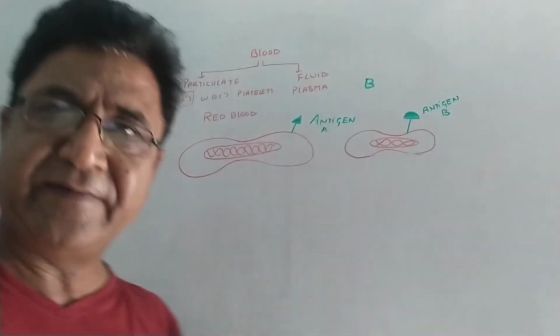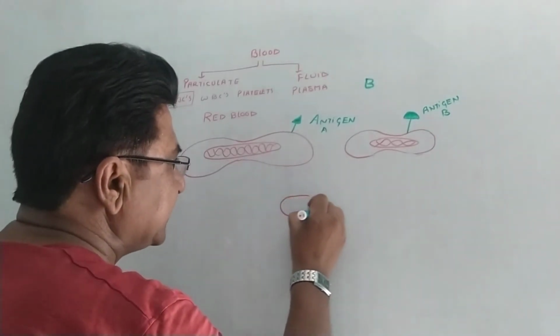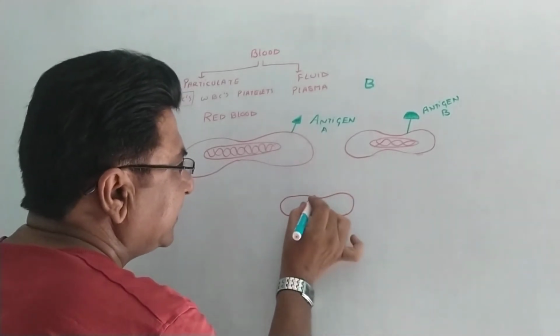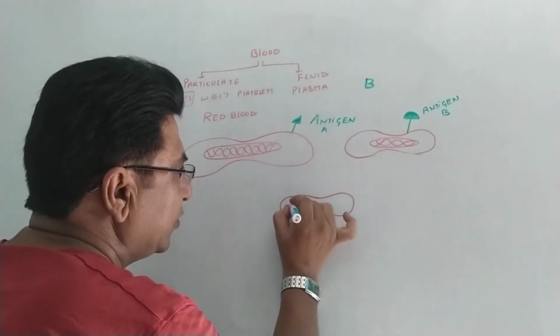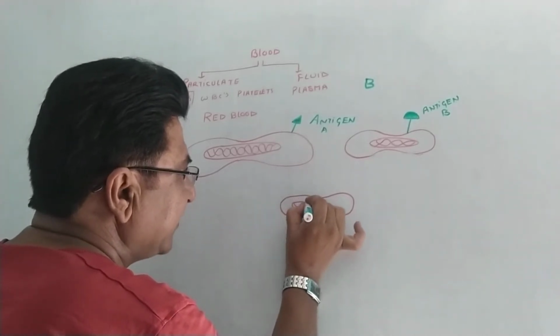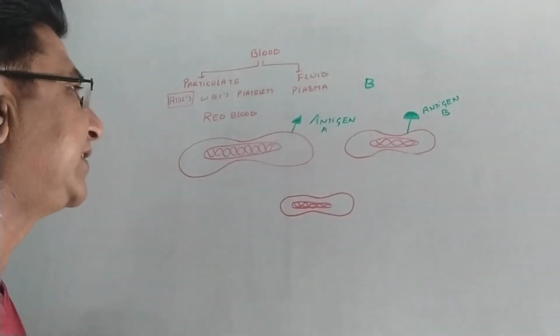Now suppose we have another RBC. We cannot make a three-dimensional structure on the board, so I am making a two-dimensional structure by which you can at least have a biconcave image in front of you.